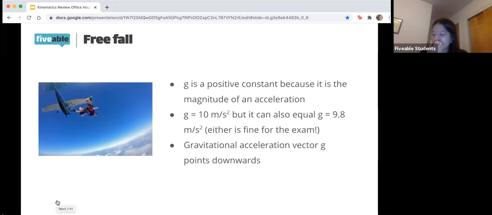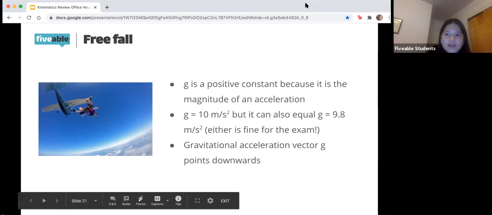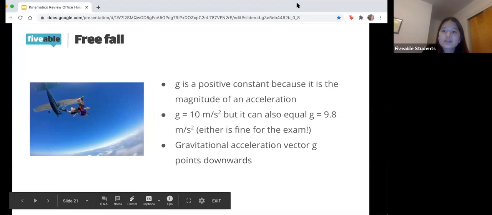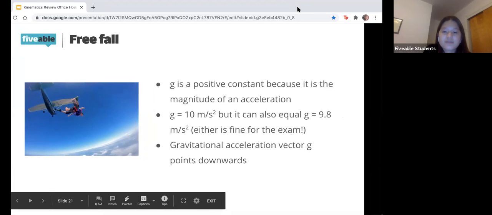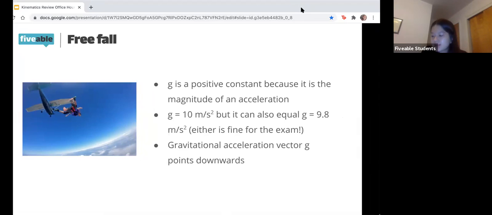I'm going to be super technical about it, so just some important notes. If we're using the kinematic equations and an object is experiencing free fall, you basically take the kinematic equations and replace a with g, because that's the only acceleration it's experiencing. It's from gravity, it's falling in the air.